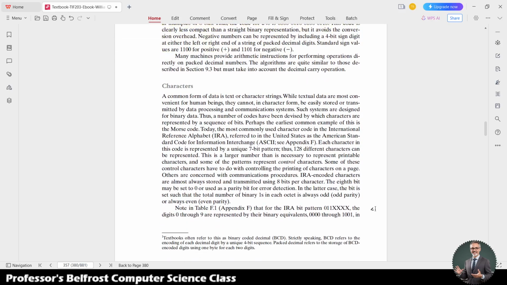The next type is characters. A common form of data is text or character strings, and this is actually stored using binary data too. So we have what is called IRA, International Reference Alphabet, formerly American Standard Code for Information Interchange, and each character in this code is represented by a unique 7-bit pattern, or 128 different characters.